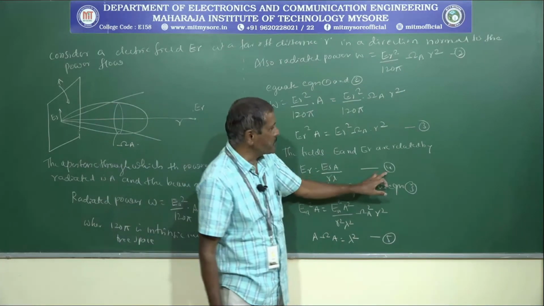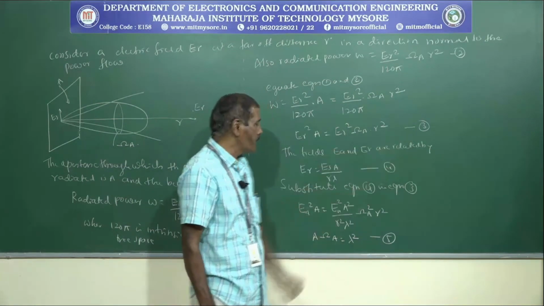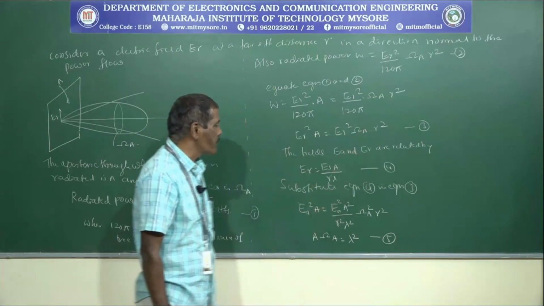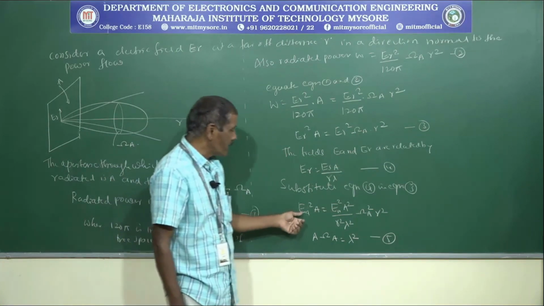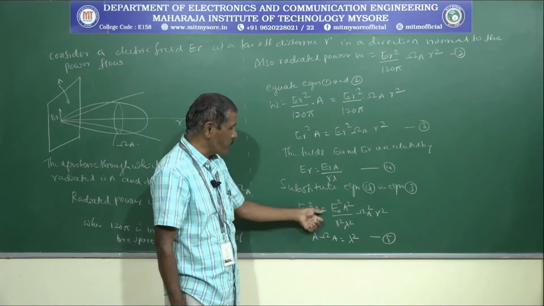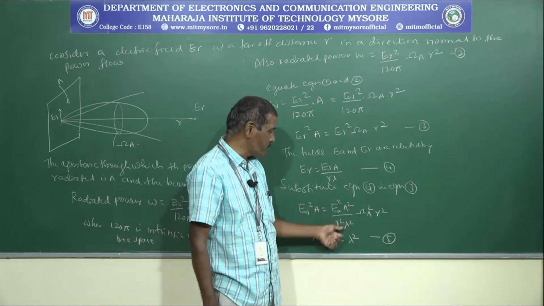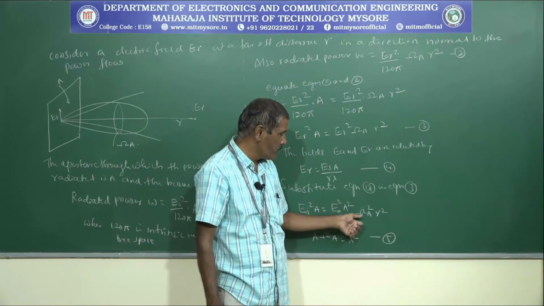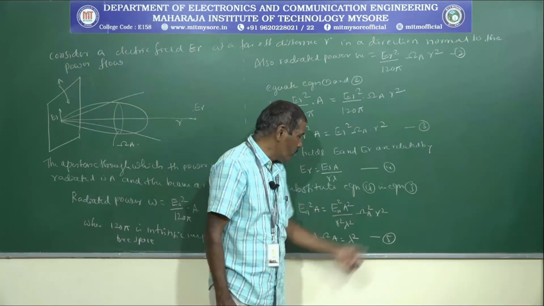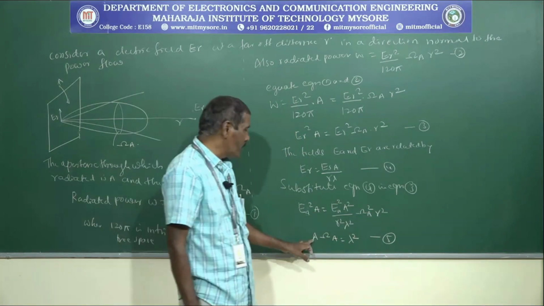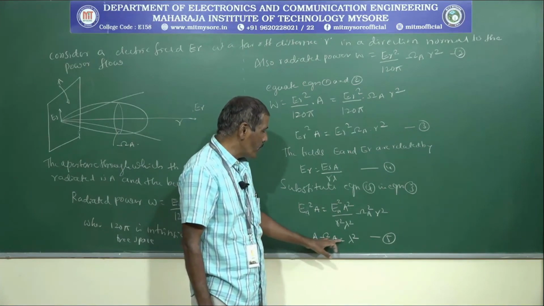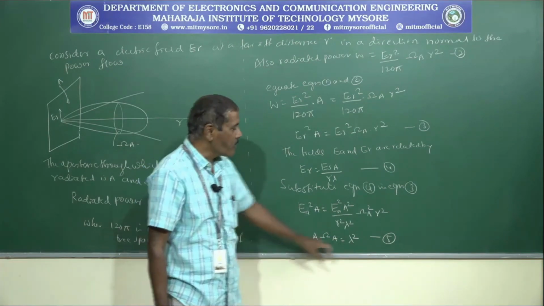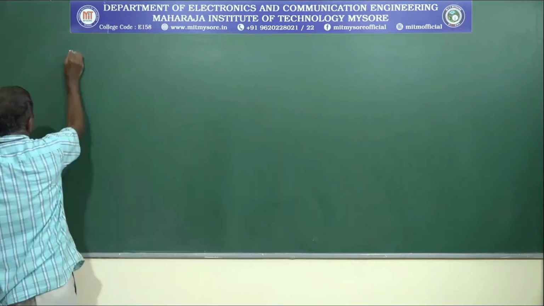Now substitute equation number 4 in equation number 3. Then we get EA square into A equal to ES square into A square divided by R square lambda square omega A square into R square. Finally we are left with A into omega A is equal to lambda square, call it equation number 5.